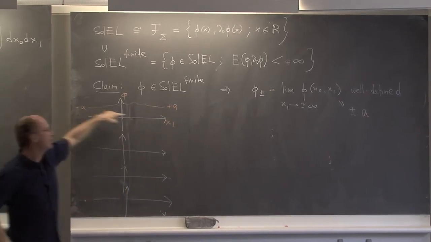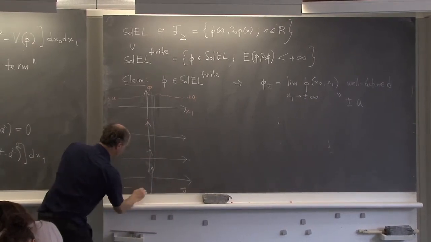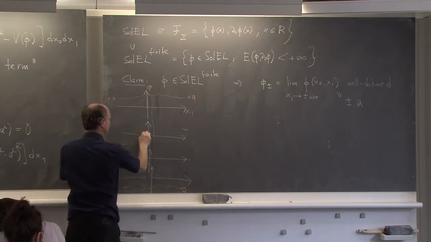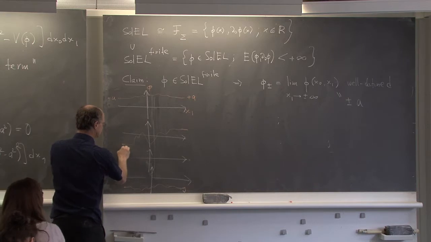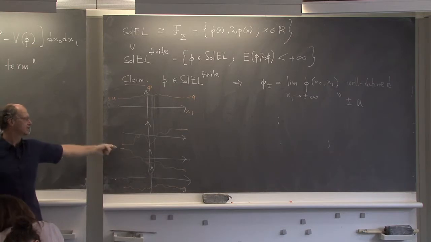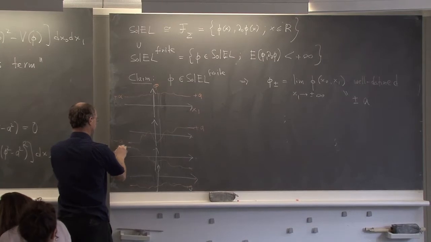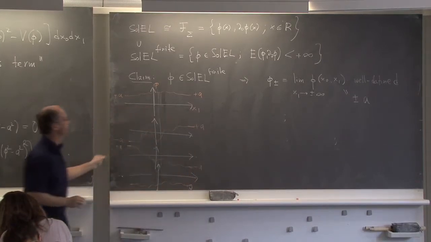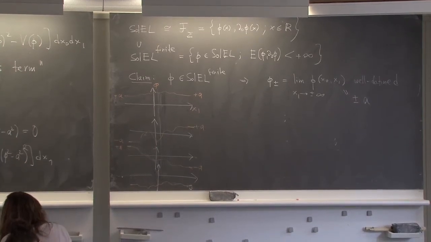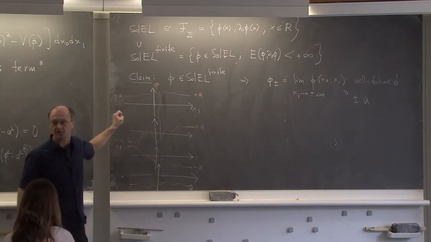So you can start at plus a, go to plus a. You can start at minus a, go to minus a, and you can start at minus a and go to plus a. So these are four possibilities. So all finite energy solutions, they have to belong to one of these four classes.